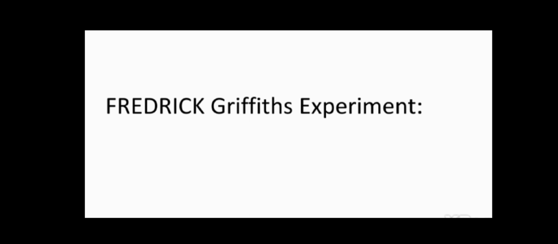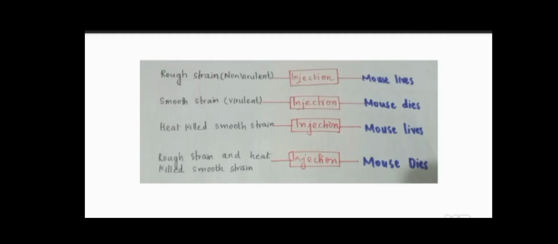Let's see what kind of experiments he performed during his research. In this diagram, I will show you what experiments were performed by Frederick Griffith. First, he injected R-type strain into a group of mice, and all the mice remained perfectly healthy.